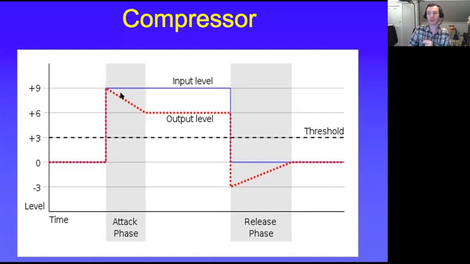By the time our compressor has fully engaged, the outgoing signal is 3 decibels above our threshold at 6, right? Which means the incoming signal is 6 above and the outgoing signal is 3 above. I can't do 6 on this hand, which is a 2 to 1 ratio. So that's why, looking at this graph, I can tell the ratio of our compressor.